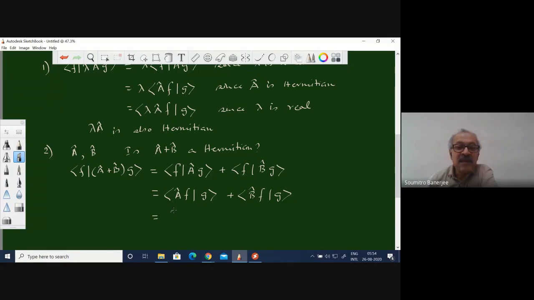It is A plus B F G. Obviously, you can see that A plus B being in the ket side or A plus B being in the bra side gives the same result, and therefore A plus B is Hermitian. So this is Hermitian.